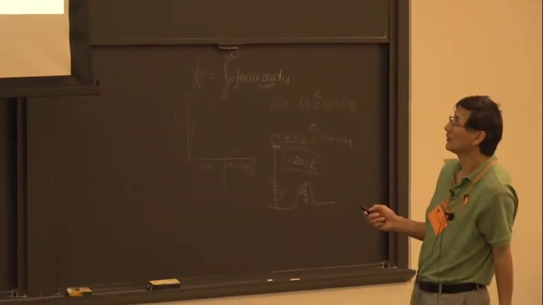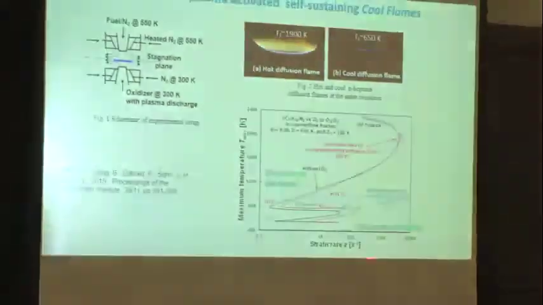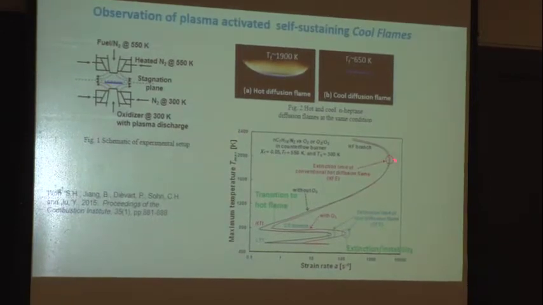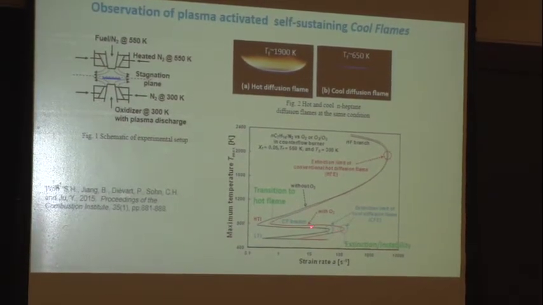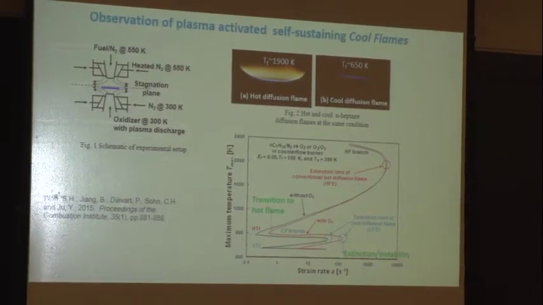And this is a numerical simulation. You can see the flame temperature as a function of strain rate. This is a high temperature flame, 2400 Kelvin, and then it extinguishes here. And this is the cool flame branch. If you do an experiment in this range, you should be able to see the cool flame.